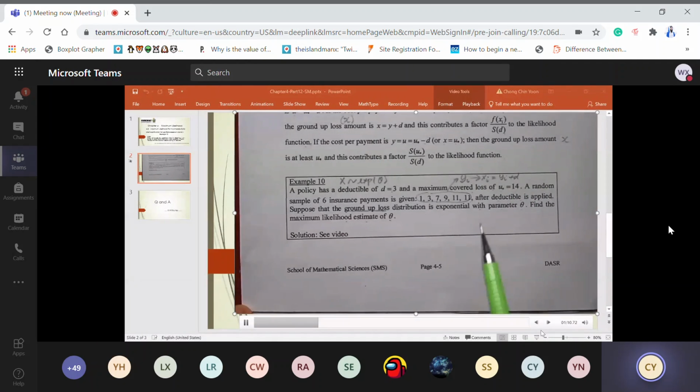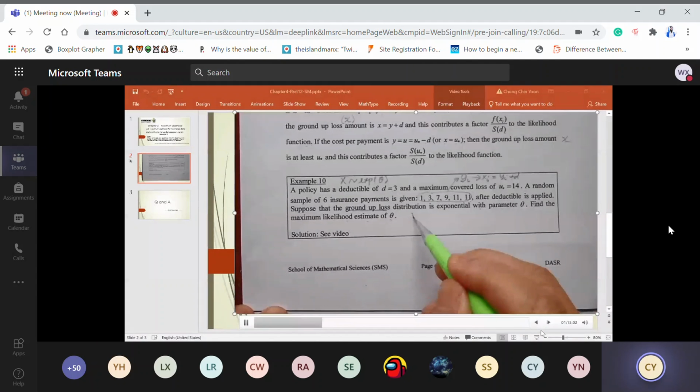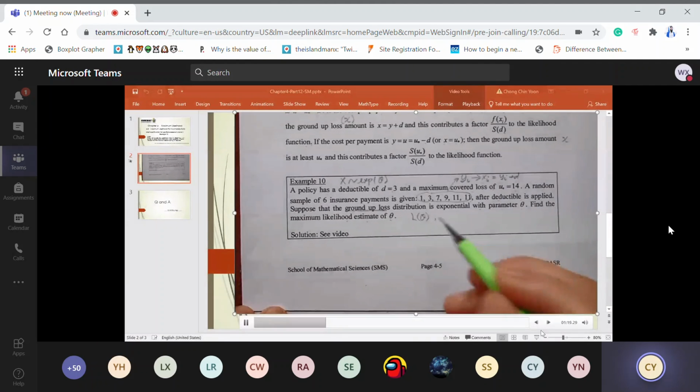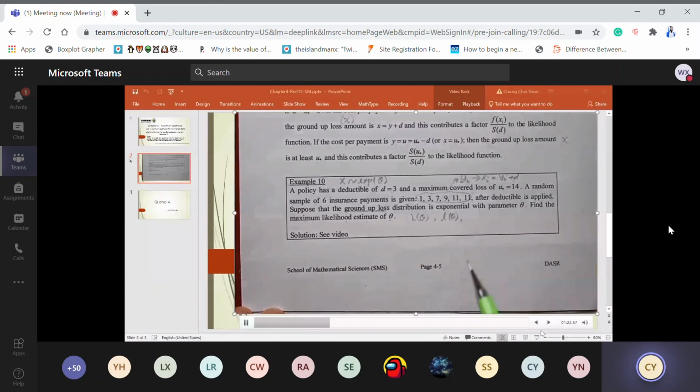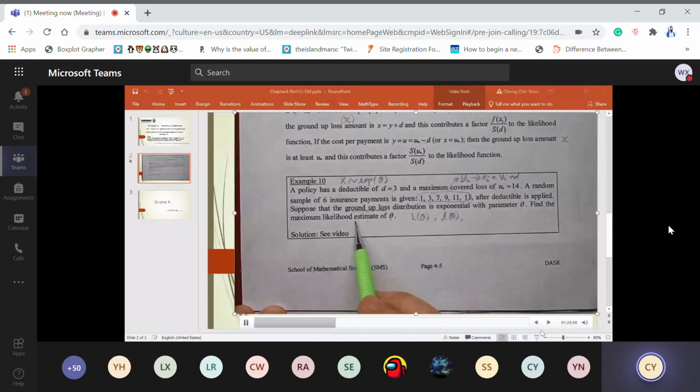Next, we apply the factors to form the likelihood function, and hence we get the log likelihood. By taking the optimization from calculus, we can find the maximum likelihood estimate of this parameter theta.